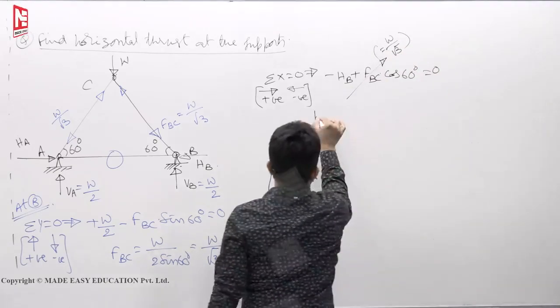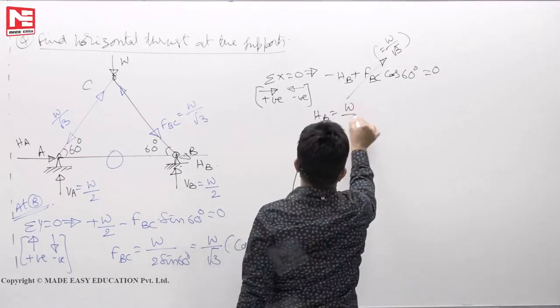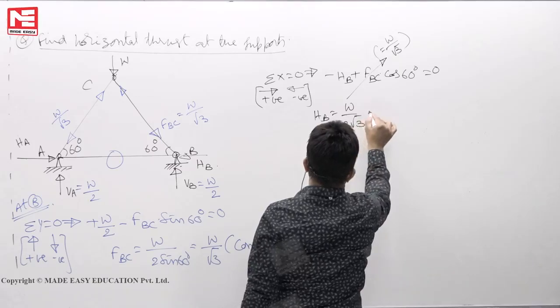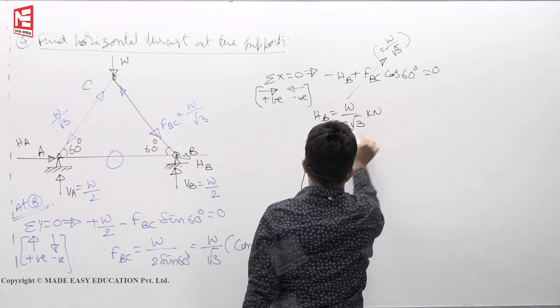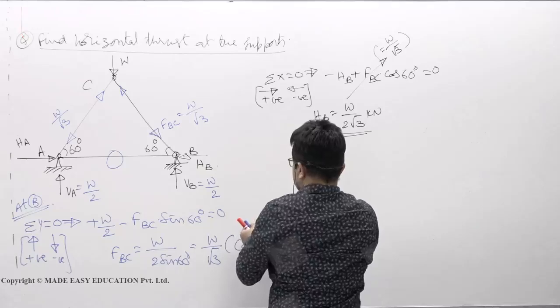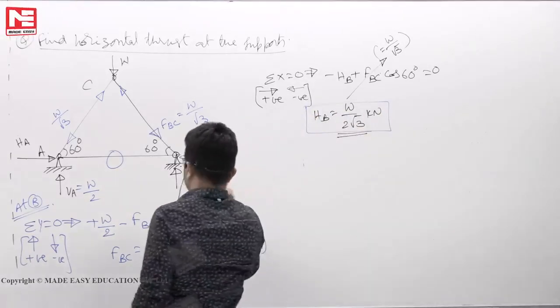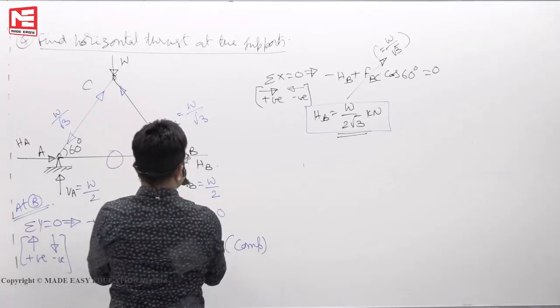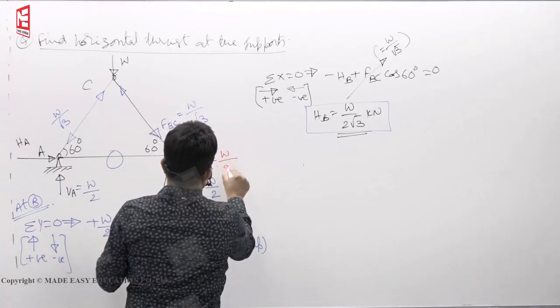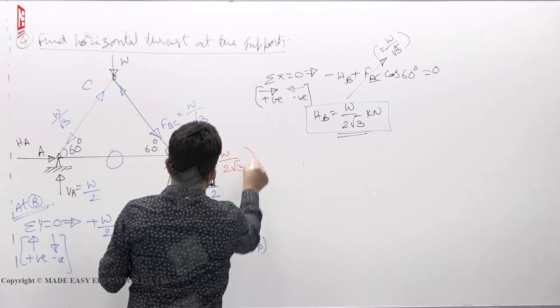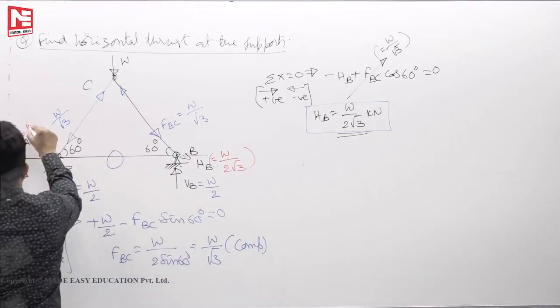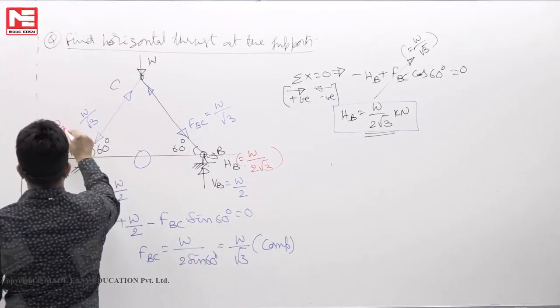This must be 0. So HB you will get W by 2 root 3 kilonewton or whatever it is. So one of the options is W by 2 root 3. So this HB you will get W by 2 root 3. Here also this is W by 2 root 3.